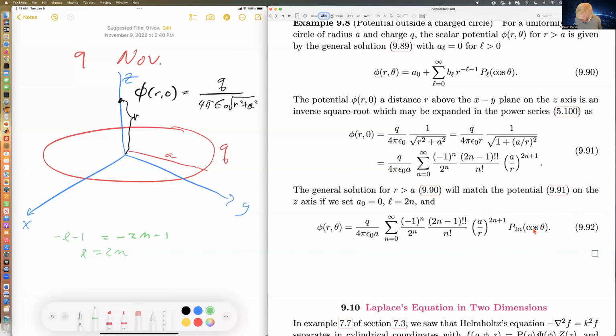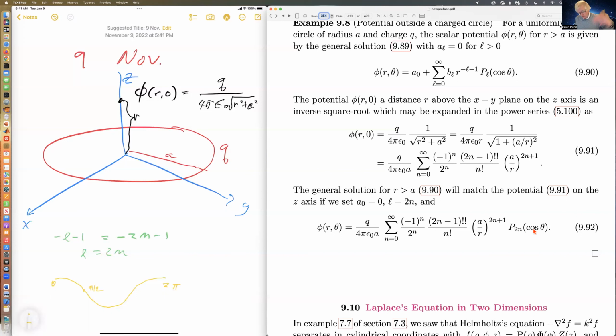Maybe I'll switch to a different color, yellow now. The cosine curve looks like this. So this is 0 and this is 2 pi, and this is pi over 2. And when theta is pi over 2, what one has is the xy plane.